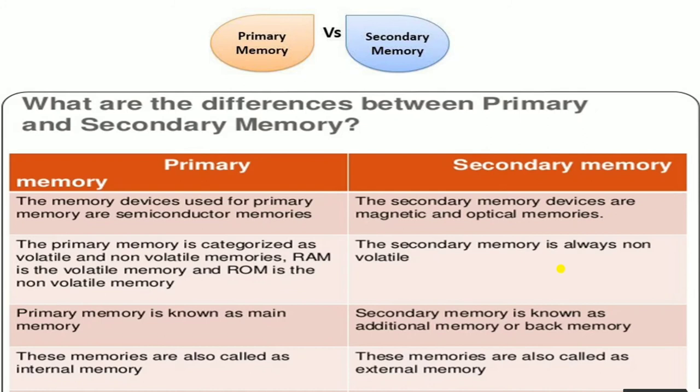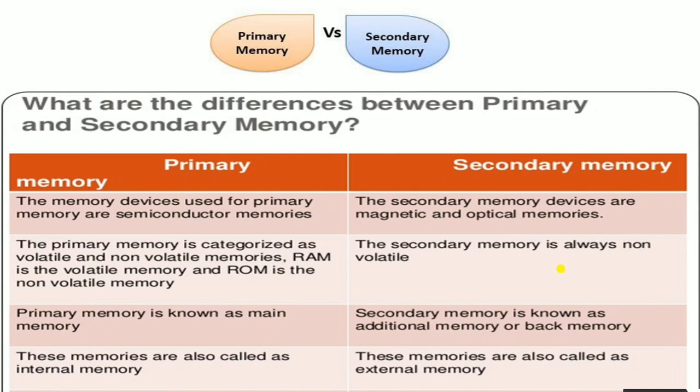And primary memory is categorized as RAM and ROM, where RAM is volatile, ROM is non-volatile. But when it comes to secondary memory, it is always non-volatile, means always permanent.